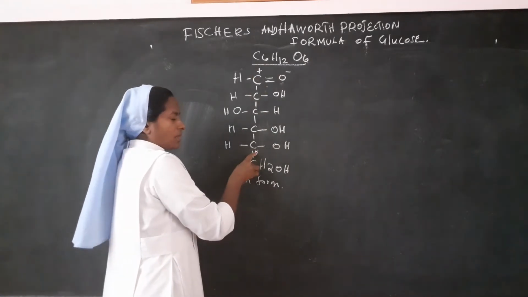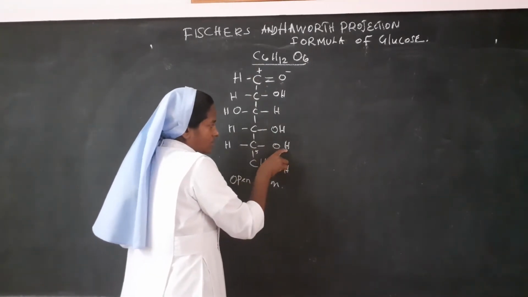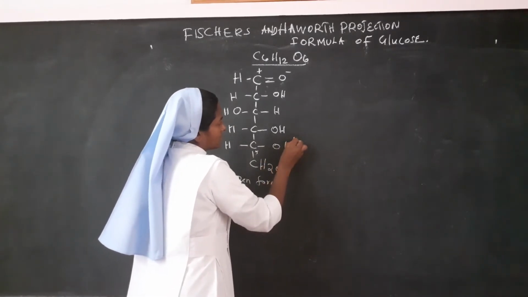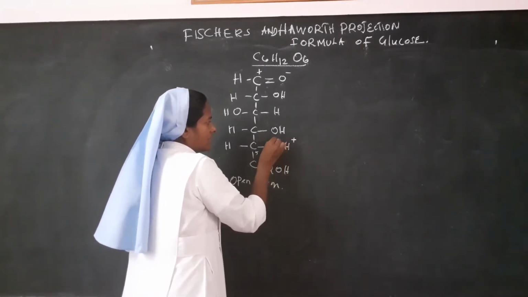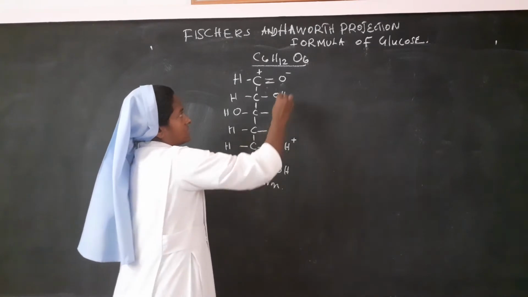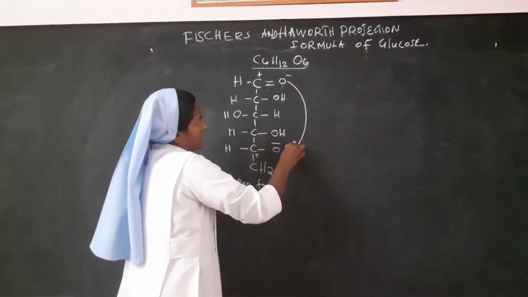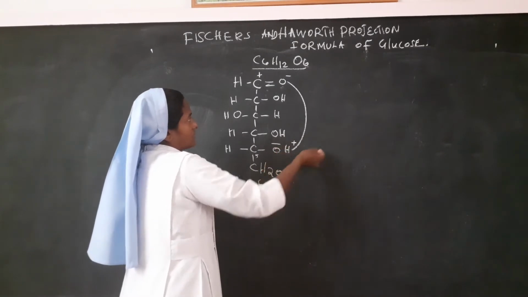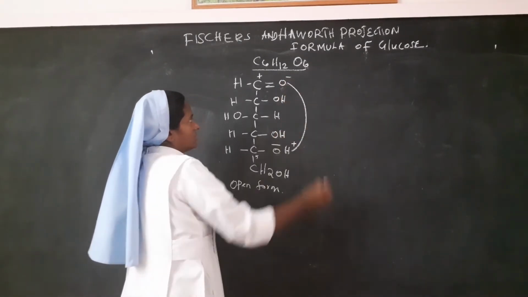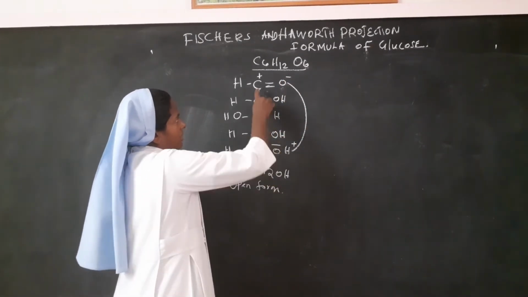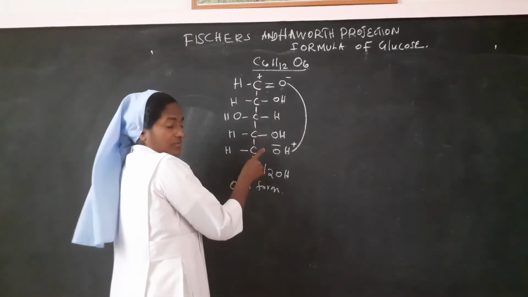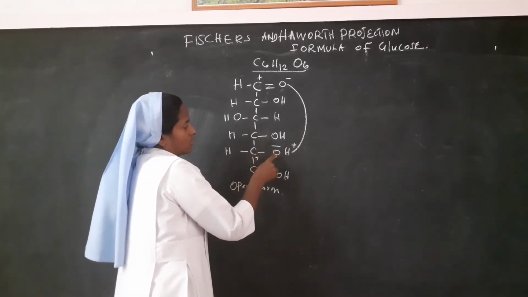The fifth carbon that contains hydrogen will get a plus charge and the oxygen will get the minus charge. As they interact, this hydrogen will go here with the oxygen, and then the carbon will also have a connection with this oxygen.